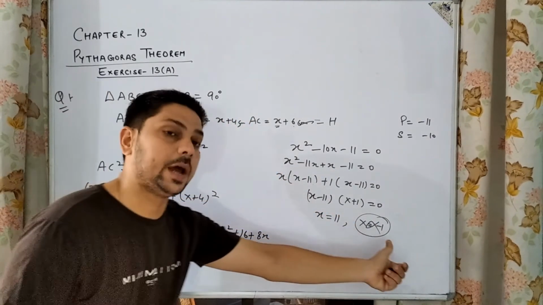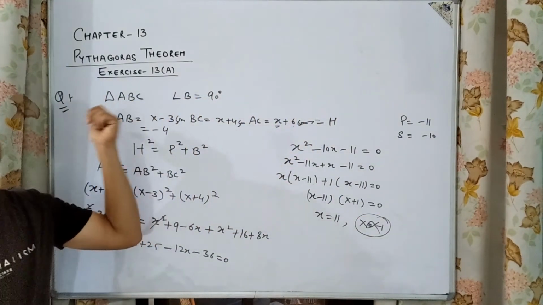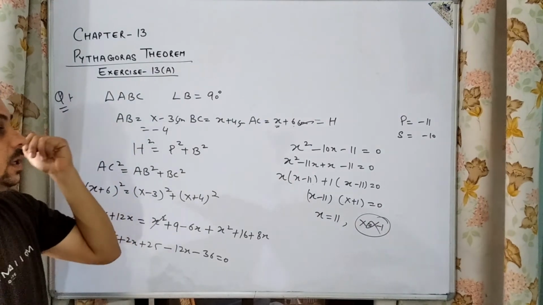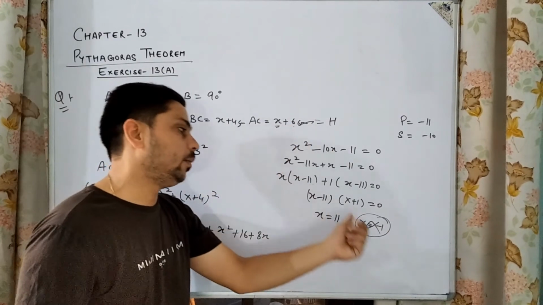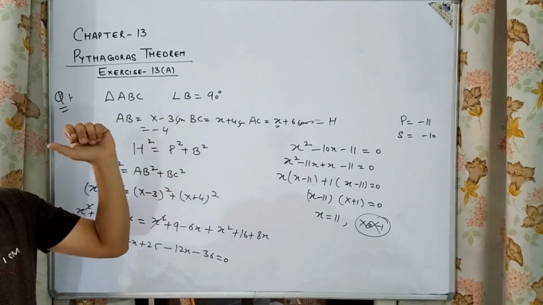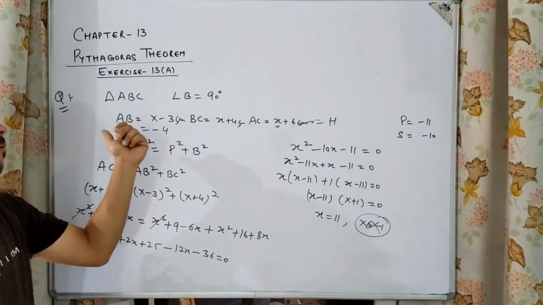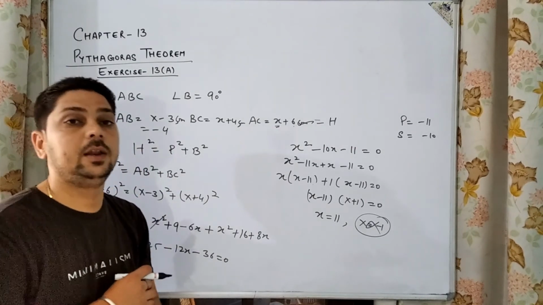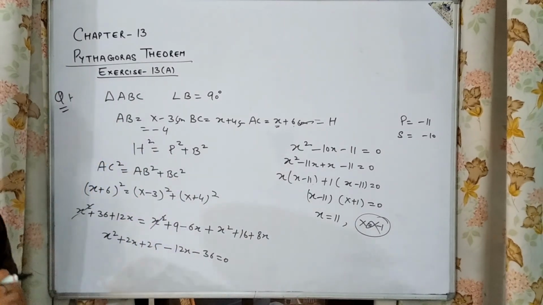You have to check whether the value of the sides is negative or positive. It is not necessary that every time you have the negative value, we can have the positive value here, but we have to check it.